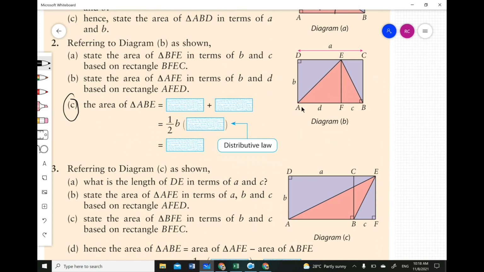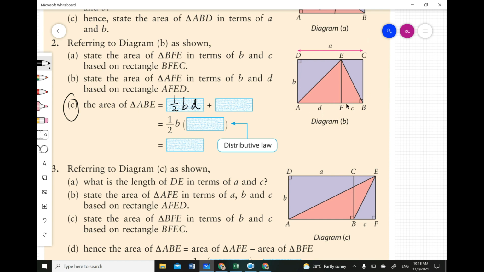You can see the length over here, D, this is the length of the base, multiplied by B. So half of this one is D times B, or B times D, half of B times D.